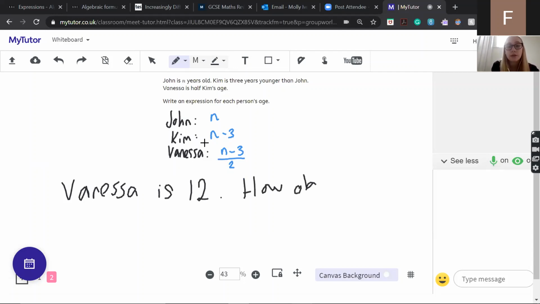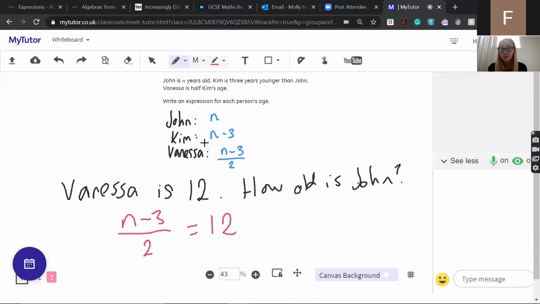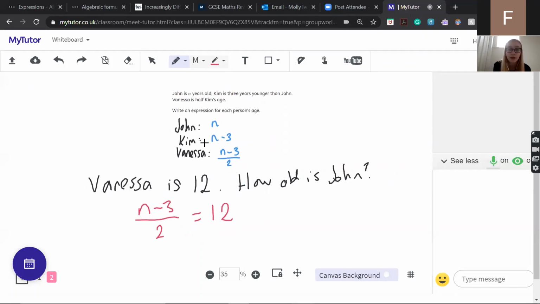How old is John? Well, now we take the expression that we have and we set it equal to 12, making it an equation. That's all an equation is: an expression that's been equated to something. So now we know that n minus 3 divided by 2 is equal to 12.